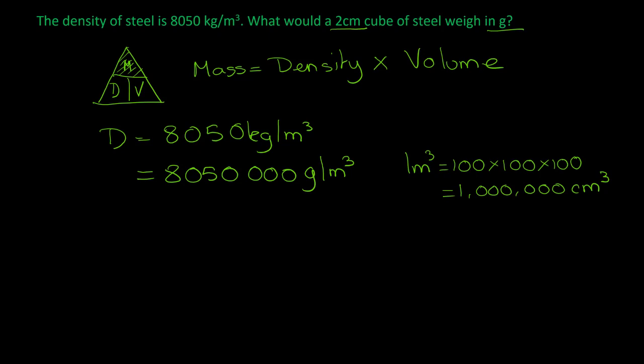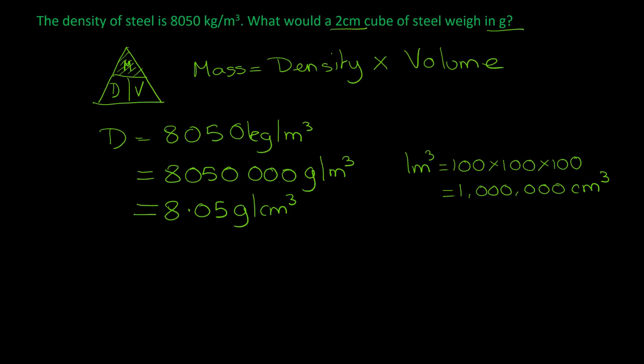Now we need to divide by that because the volume is a division aspect, not a multiplication aspect. And so the density will be 8.05 grams per centimeter cubed.